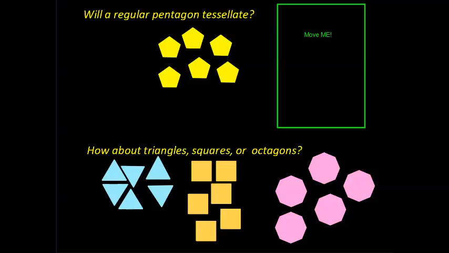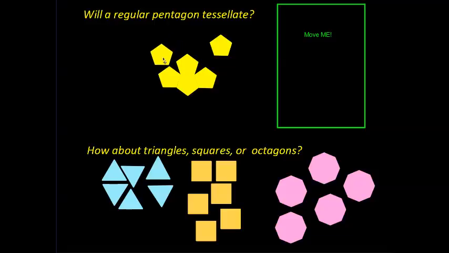Up here on top I have regular pentagons, so let's see if we can put these together to make a tessellation. Remember, they are not allowed to overlap or leave any gaps. So far so good. Putting these together, and one more. But now I have a gap here that I cannot cover.